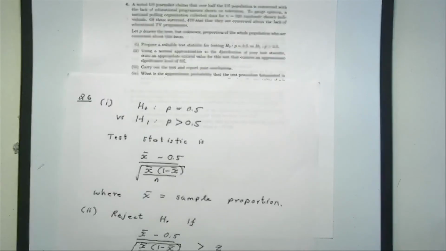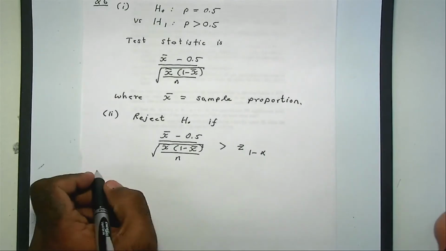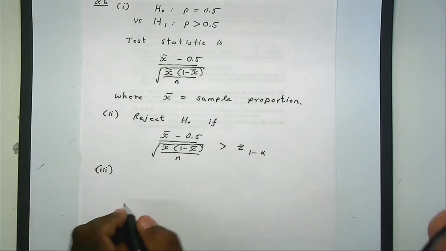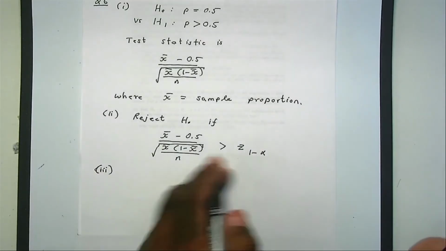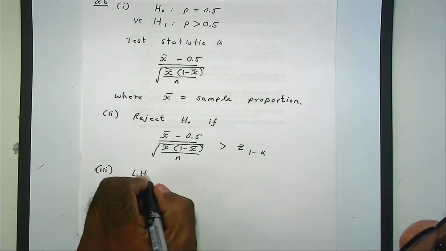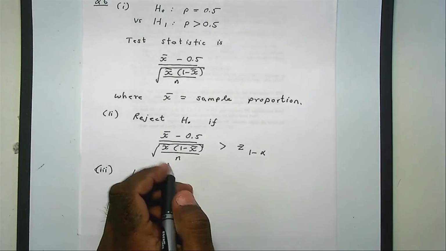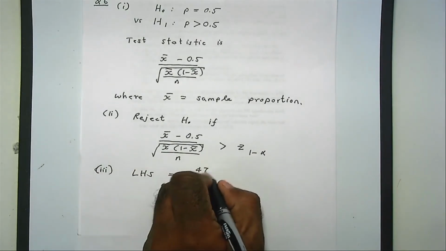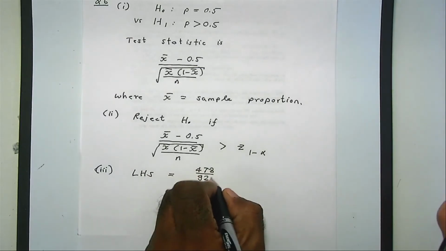Part 3 is to carry out the test and report the conclusions. So, to carry out the test, we need to compute the left-hand side and the right-hand side. So the left-hand side, x bar is given to us. It's a sample proportion, 478 out of 920.